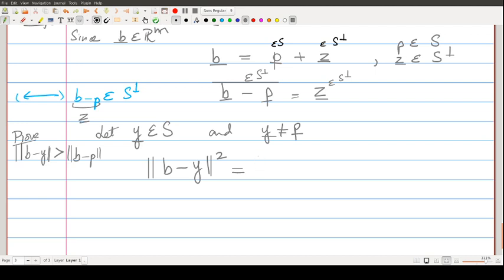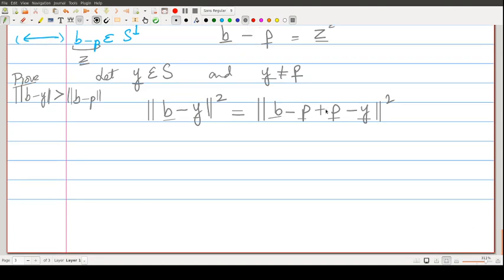I'm going to introduce a variable P here, which represents my P vector. So norm of B minus P plus P minus y, squared. I have just introduced a minus P and a plus P, which means it doesn't change my sum, it should remain the same.